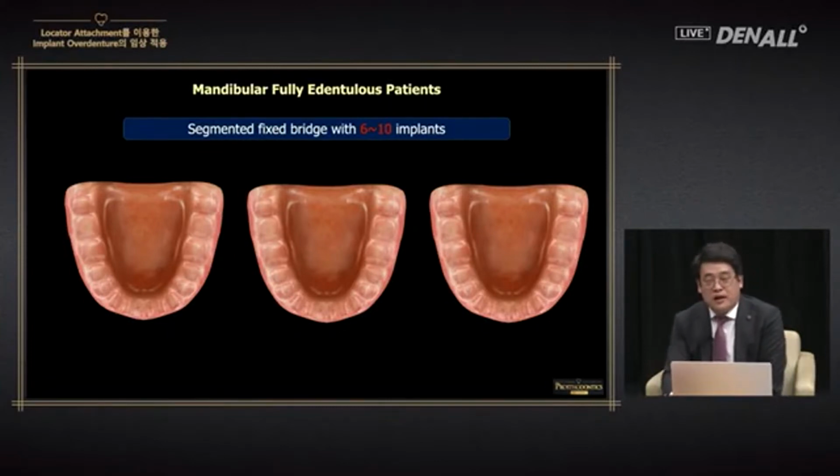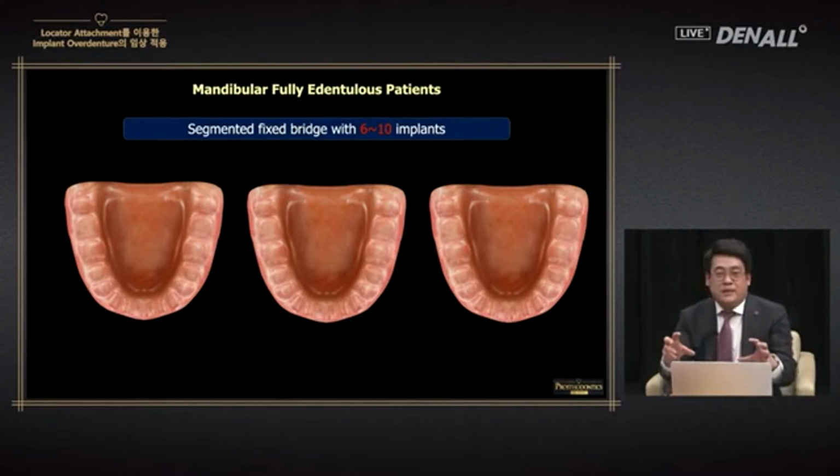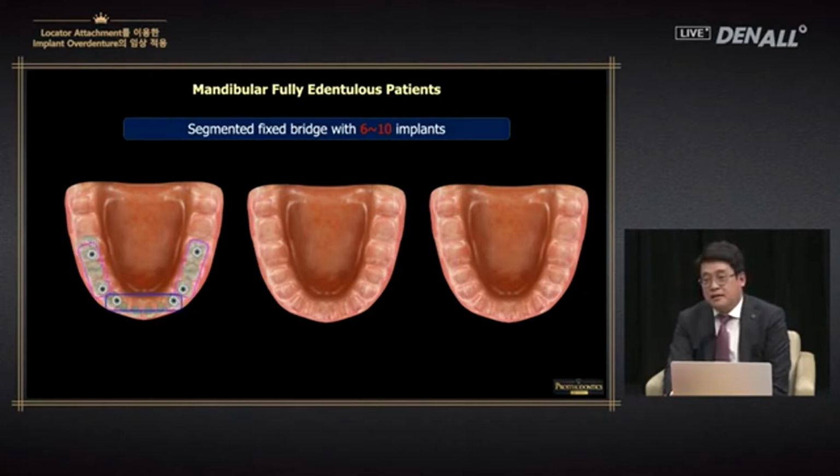If inevitable, we can provide 1-piece abutment, but in terms of maintenance, it is better to provide them in 3 pieces. When we place 6 implants, from the anterior up to the first molar, the prosthesis can be provided like this. So I prefer this. These options become available.